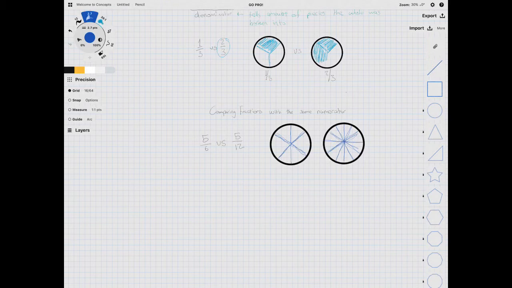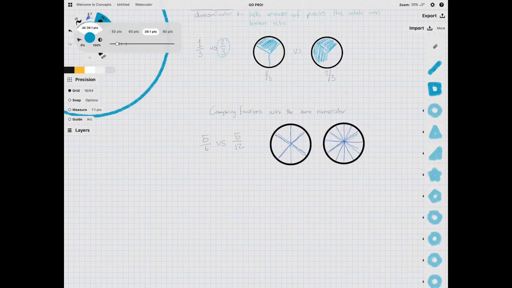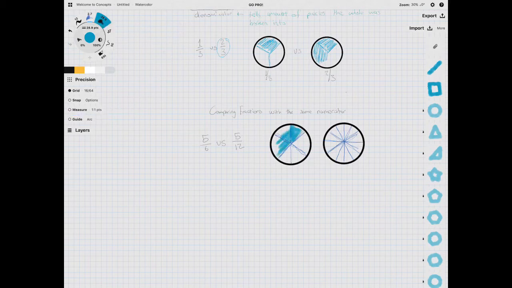We can have a little count: 1, 2, 3, 4, 5, 6, 7, 8, 9, 10, 11, 12. All right. And then the next thing we're going to do is highlight these areas here. So 5 out of 6, that's 1, 2, 3 on this side, and 3, 4, 5.